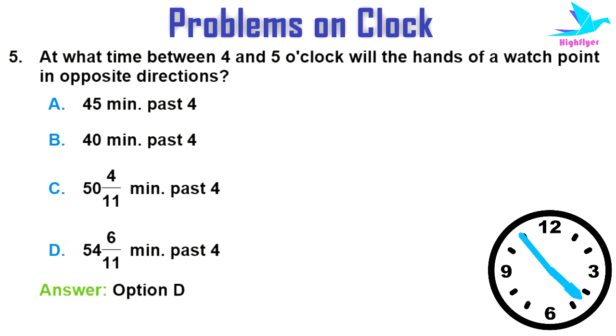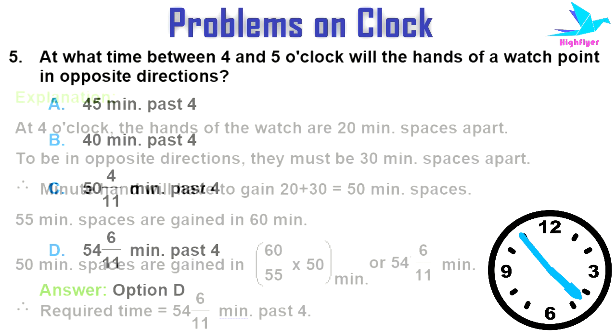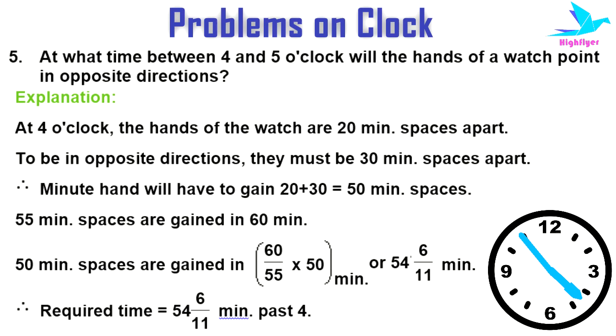Now let's see the explanation. Though this question seems the same as the previous one, it's slightly different. At 4 o'clock, the hands of the watch are 20 minute spaces apart. Now, to be in opposite directions, they must be 30 minute spaces apart. But to achieve that, the minute hand must go 20 plus 30, that is 50 minute spaces, because in this case it has to cross the hour hand and go to the other side.